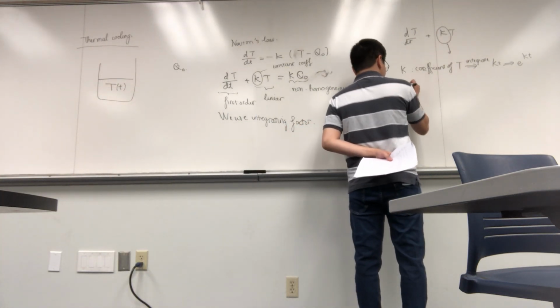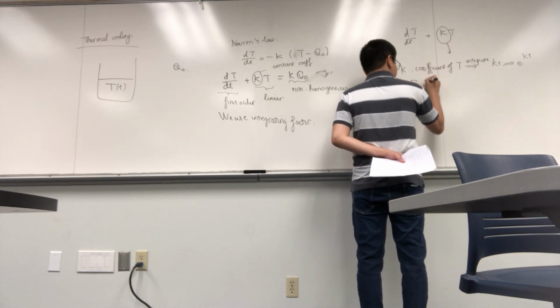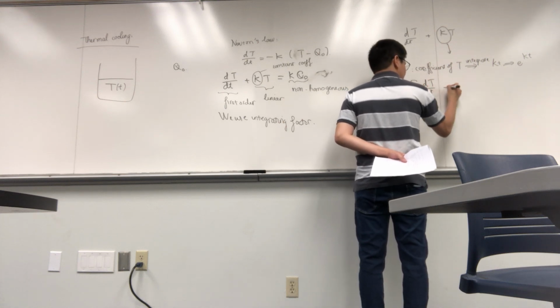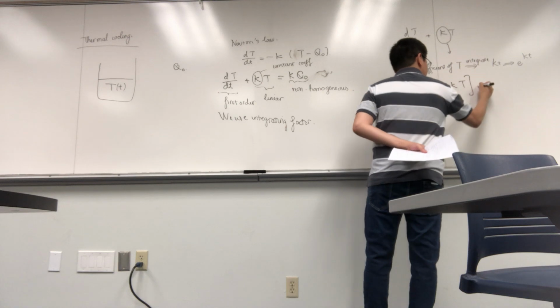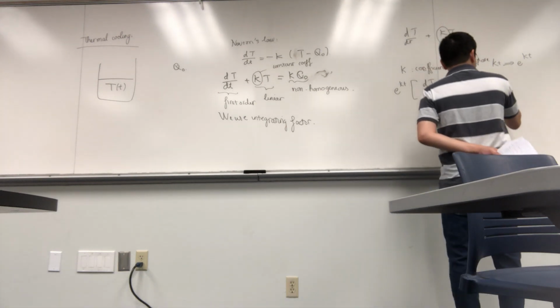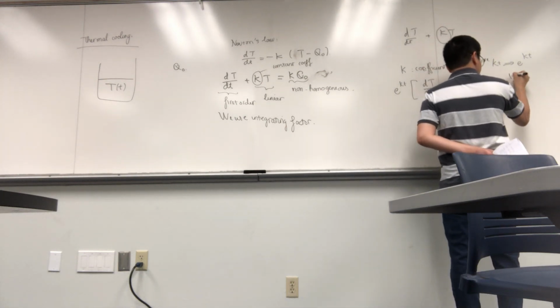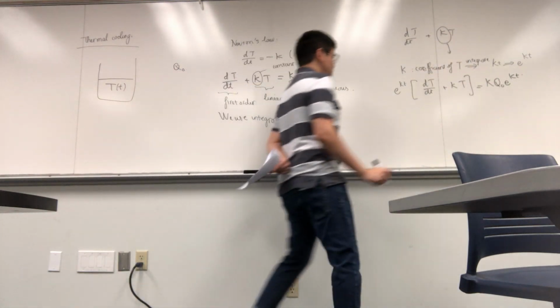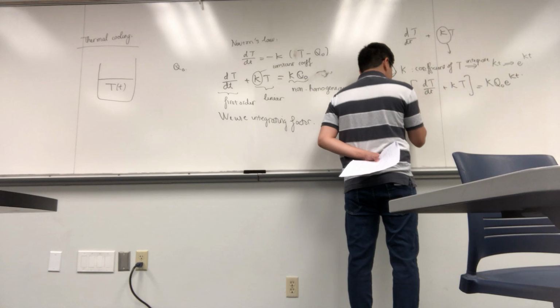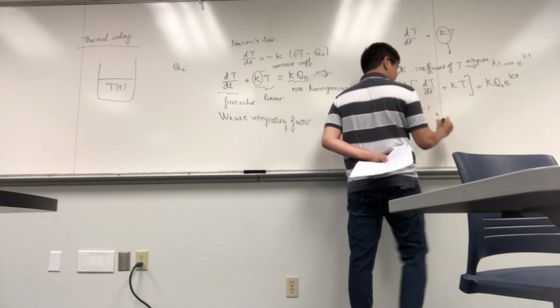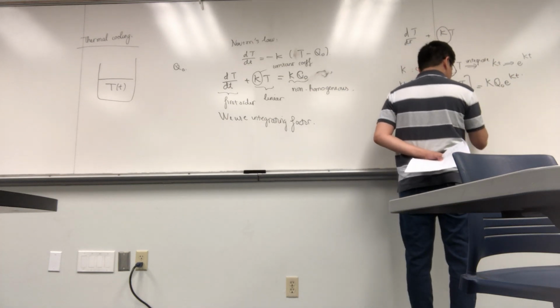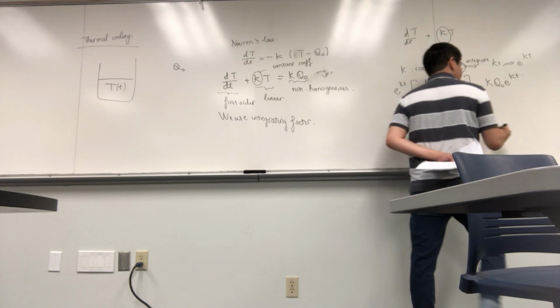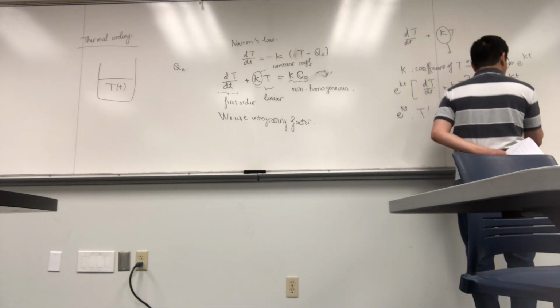So you have e to the kt times (dT over dt plus kT), and this is equal to k Q0 e to the kt. So you have e to the kt times T prime plus e to the kt times k times T is equal to k Q0 e to the kt.